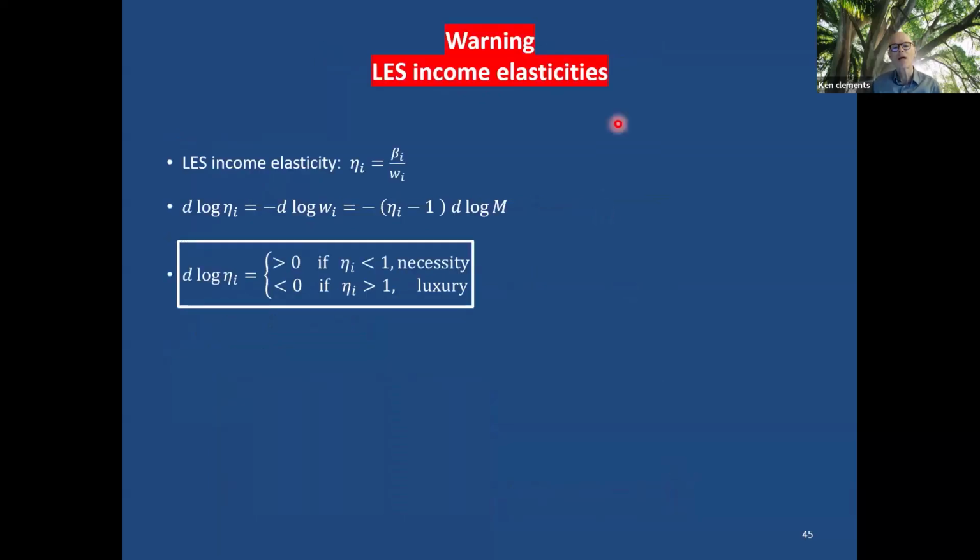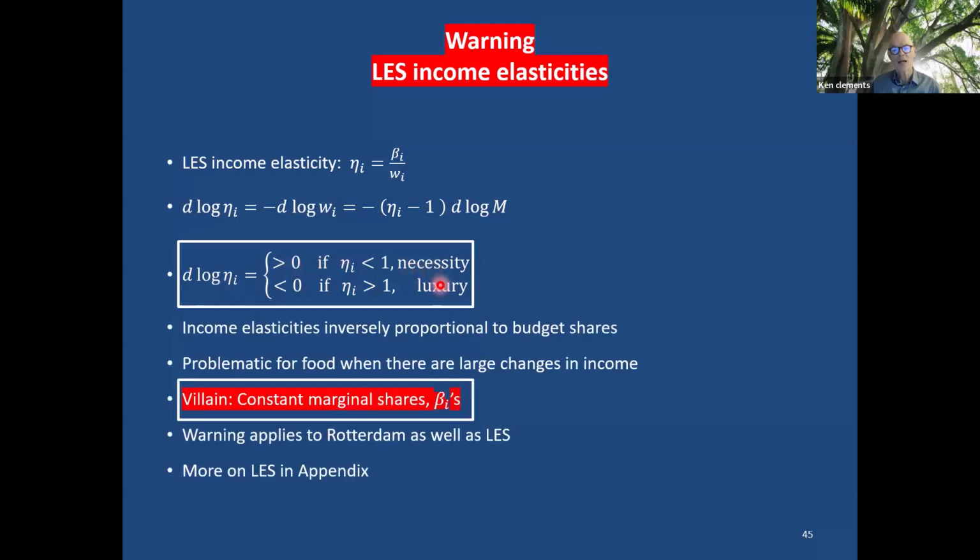So the warning for LES income elasticities is that the change in the income elasticity, when income changes, is positive for necessities and it's negative for luxuries.